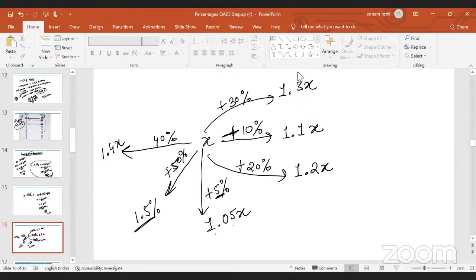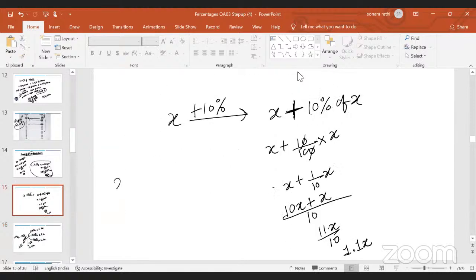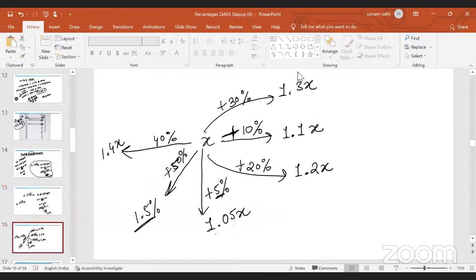If you want to try by this method, try it. Do x with 5% and check. Is it clear to everyone now?